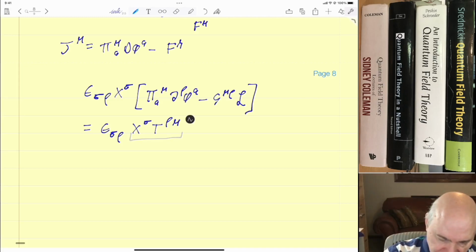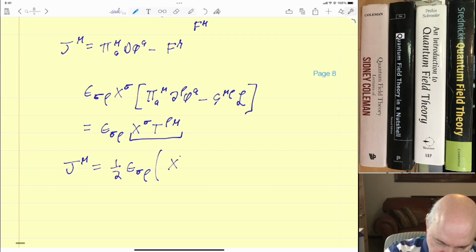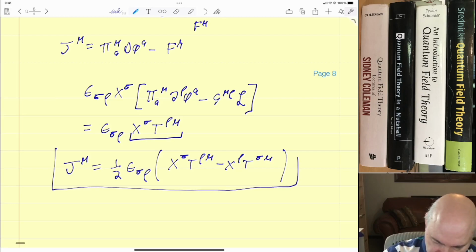So we should anti-symmetrize this object. That leads us to J^μ equal to 1/2 ε_σρ (x^σ T^ρμ minus x^ρ T^σμ). Remember, we're going to anti-symmetrize on the sigma and rho indices. And this is our object, J^μ.